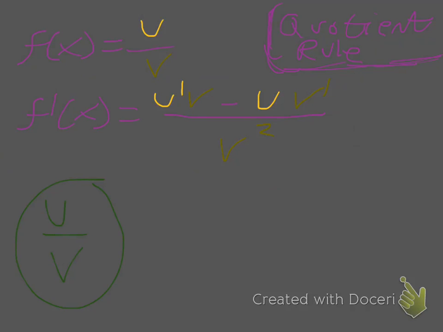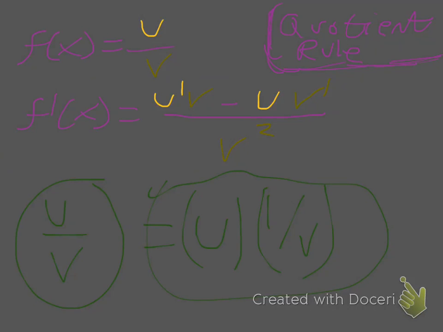However, why do you need a new rule to differentiate this quotient when you can just write this as a product and then differentiate it as a product, because we have a product rule? So why do we have to learn a quotient rule for quotients if every quotient could be written as a product?